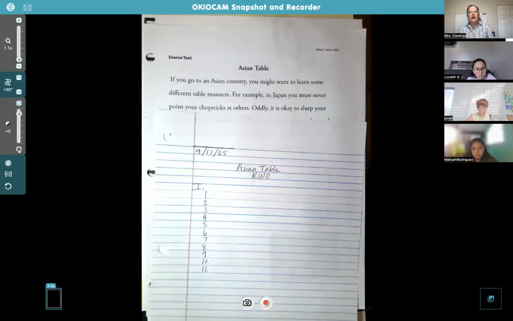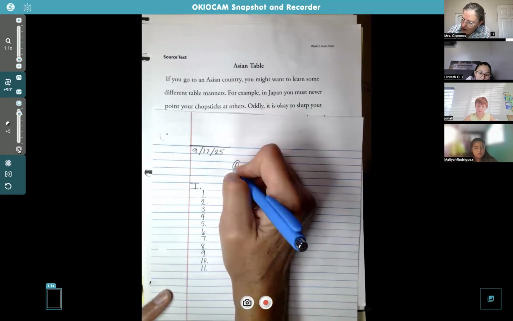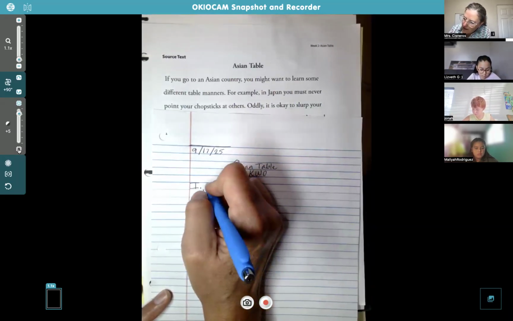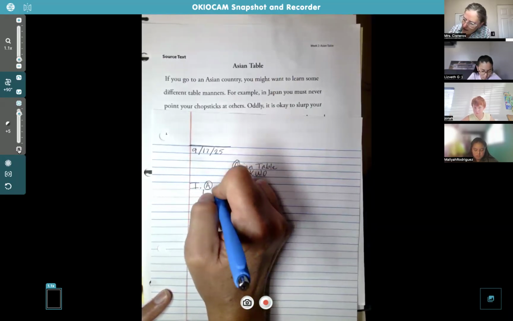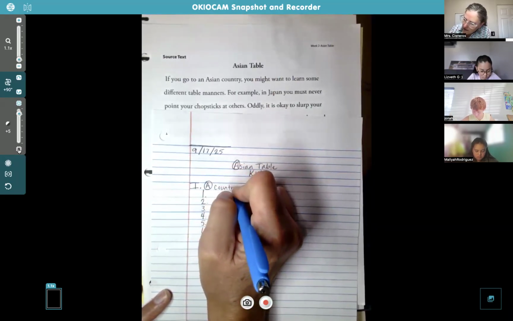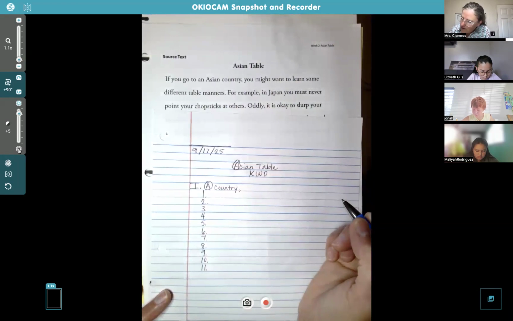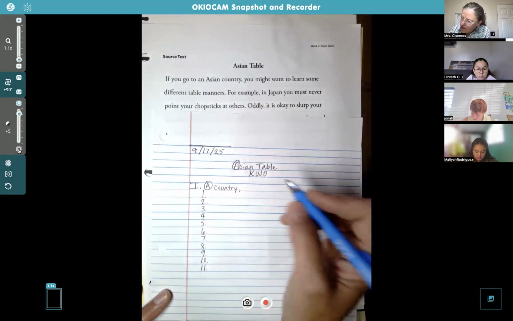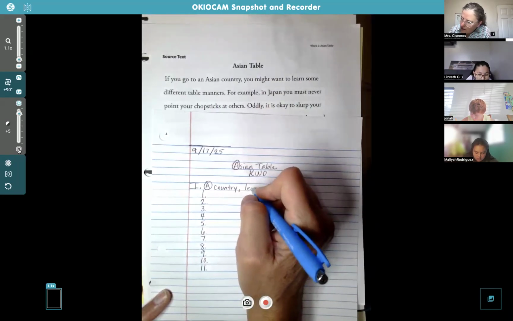So now we got to figure out how are we going to write this in our outline. So that first one, Asian, we could actually circle the A up here and use that like A, and then country. And then we could use learn.